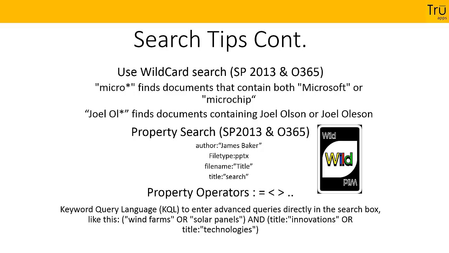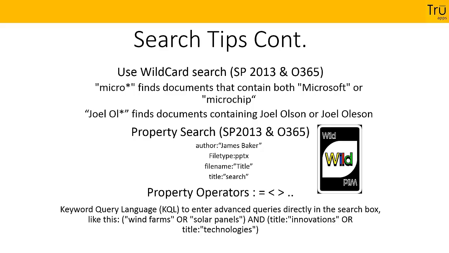We could say file type is PowerPoint. You'll notice if you do file type PowerPoint with the PPTX, you'll only get PPTX. So what you can do is use an OR and then add it in twice with PPT and PPTX, or there's a variety of different ways of narrowing that down.